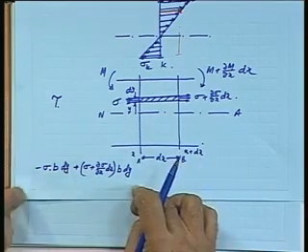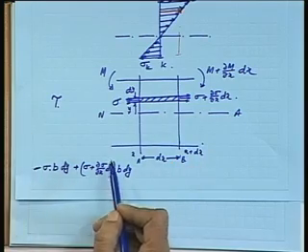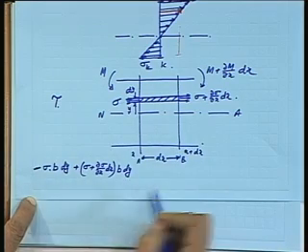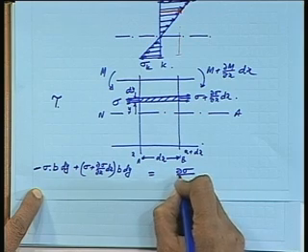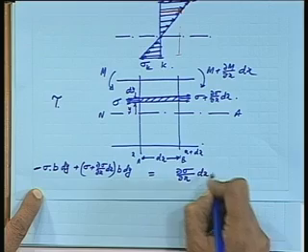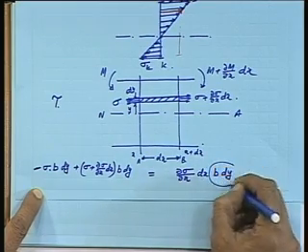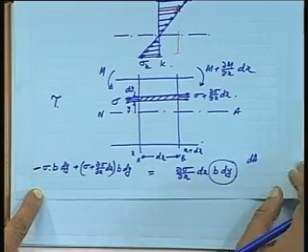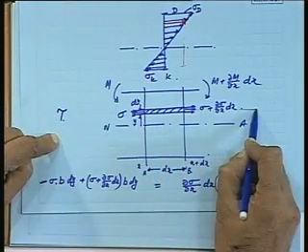Now, I am putting this negative because it is in the left hand direction, and this is acting in the right hand, positive direction. If you try to find out, this value will be d sigma by dx into dx, b into dy. This b into dy I can say is dA for the time being. That means there is a net force acting in this direction.